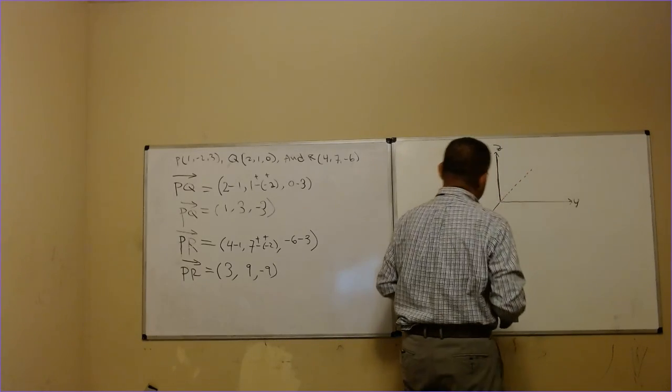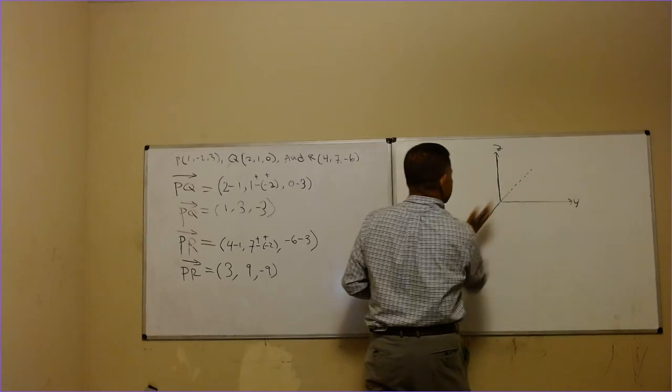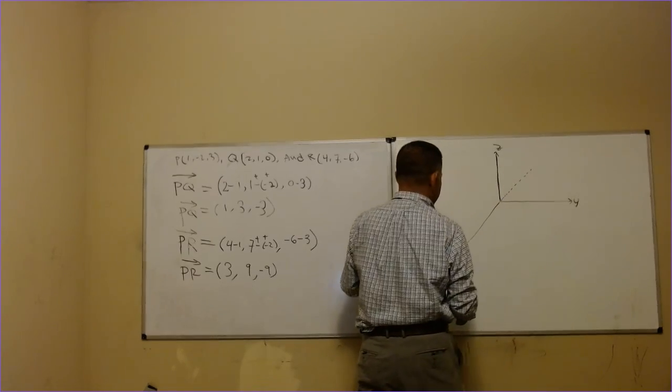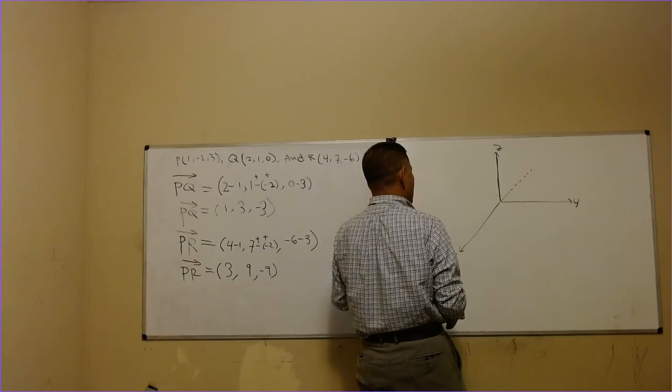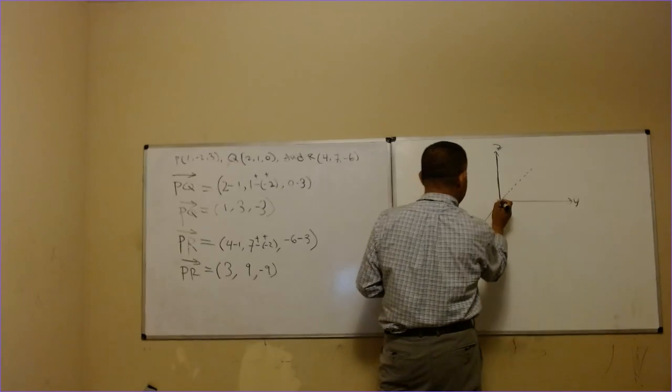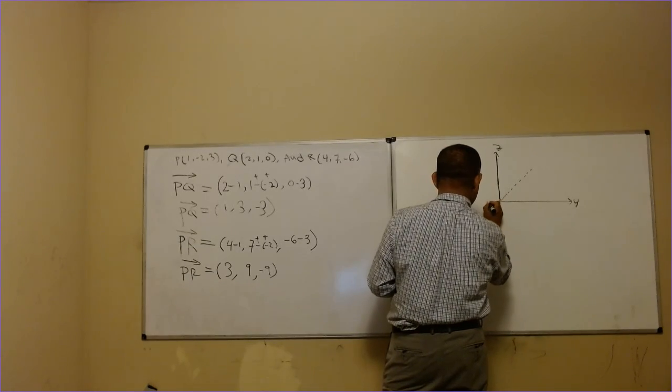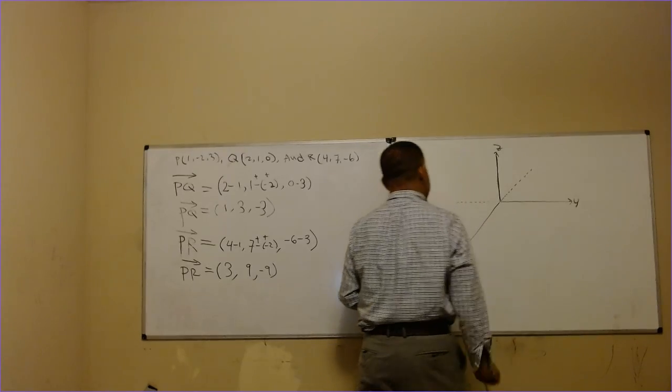It's a dotted line because X continues in that direction, right? Now Y also continues in this direction, right?